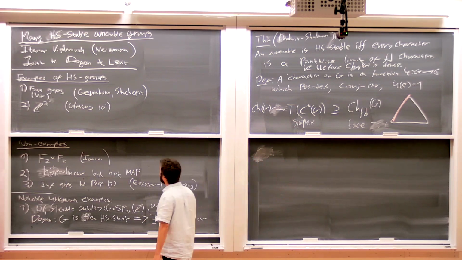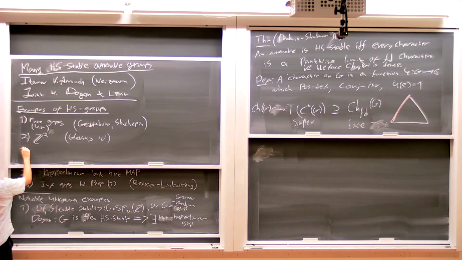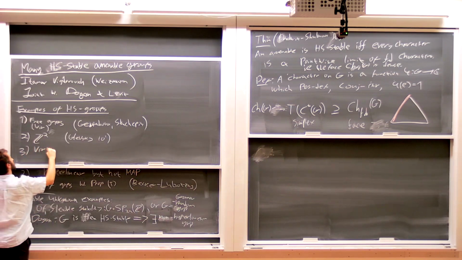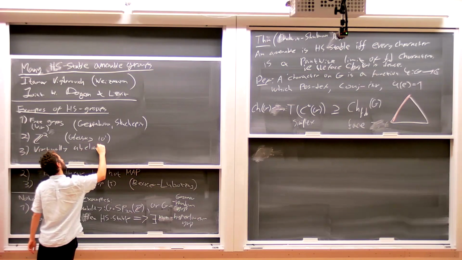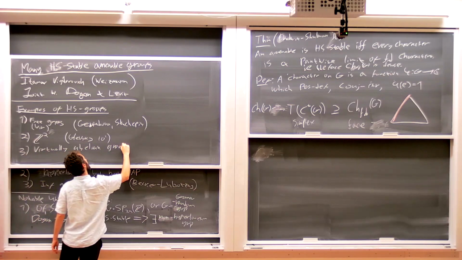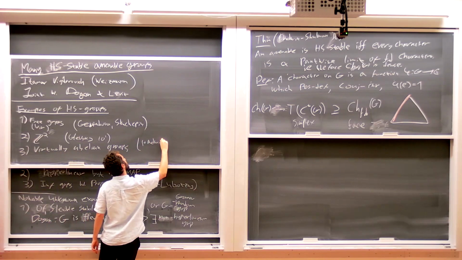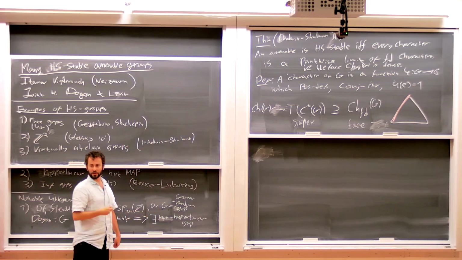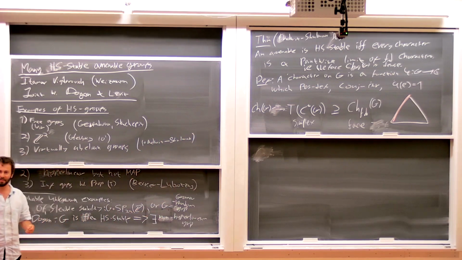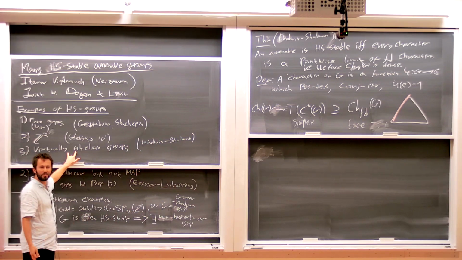And once you have this property, you can easily get new examples. One example is, of course, virtually abelian groups. This is an immediate corollary because for virtually abelian groups, all the characters are finite dimensional. You don't even need to take approximations.